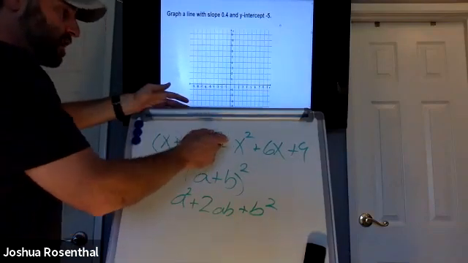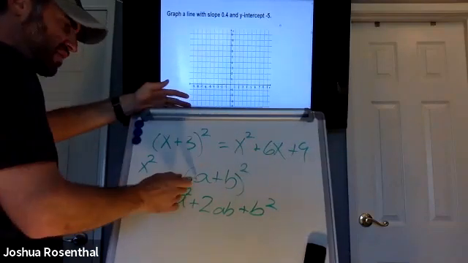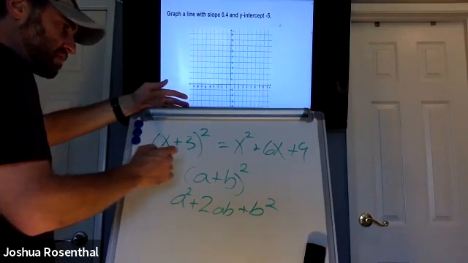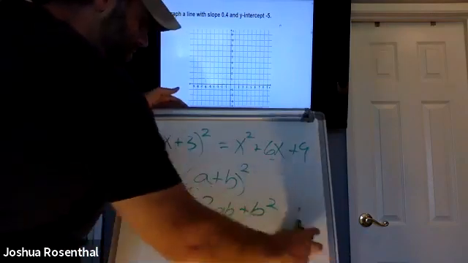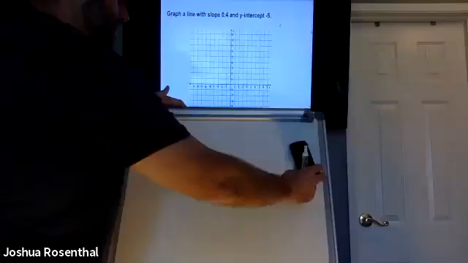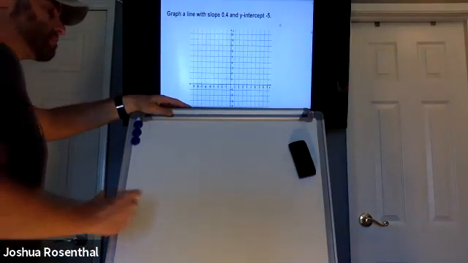There's b squared, 9. X squared is a squared, and 2ab is that times 2. So this is not one where you're solving it. It's just an example of how you expand that.